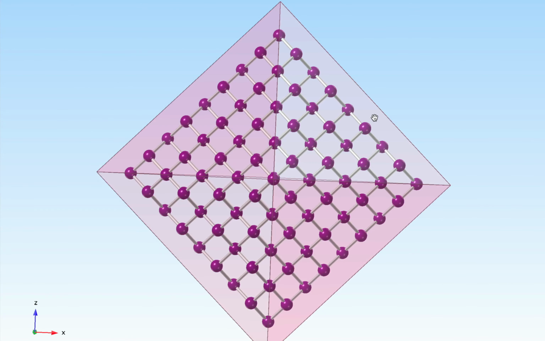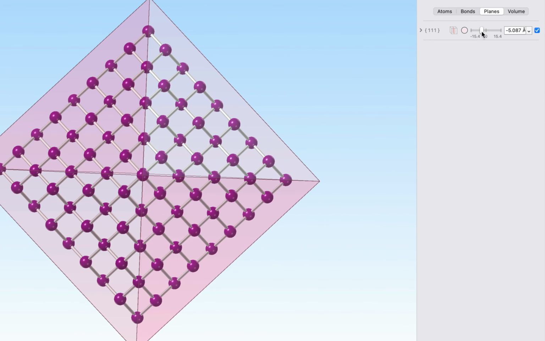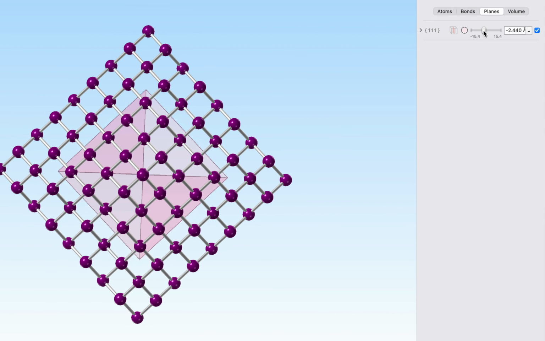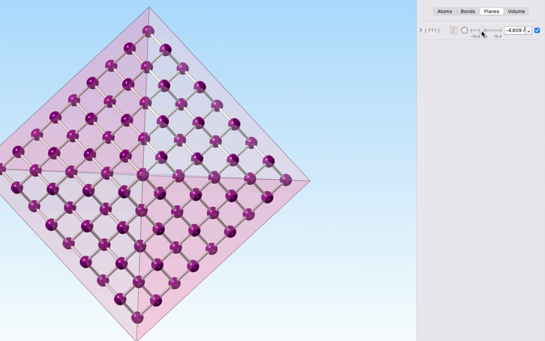Now we can experiment with forming surfaces at different heights by scaling the shape. Now we could do this by dragging our position slider, making the shape bigger or smaller. But we have a smarter view, which automatically keeps any atoms outside the shape hidden as the shape is resized.